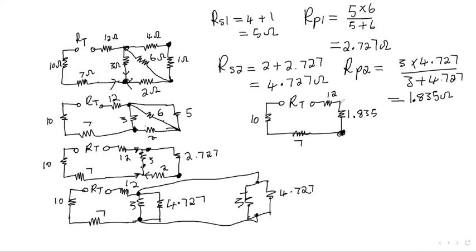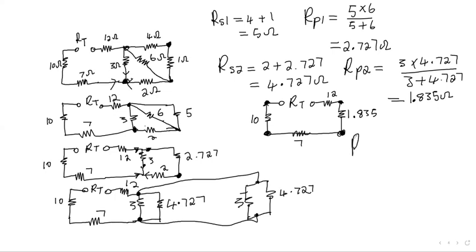I want to get the total resistance. How are they connected? This is a series connection. Only 1 point. And this is a source. I don't know whether it might be a current source or a voltage source.